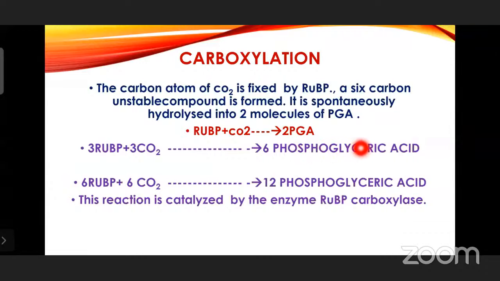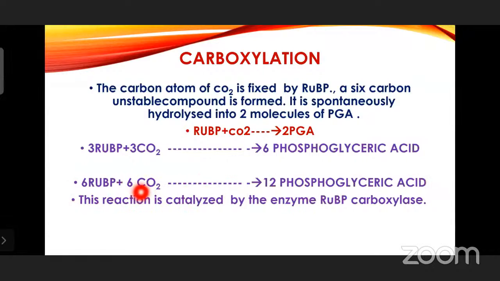Then again, one is going to get separated, I said. That means here, 2 is going to get separated. From these 12 phosphoglyceric acid, 10 is going to enter for RuBP regeneration, and 2 are going to enter for glucose formation. This is the most important thing about this equation.